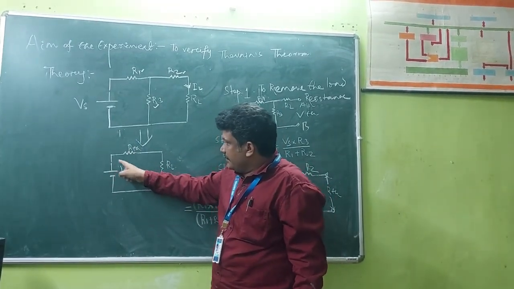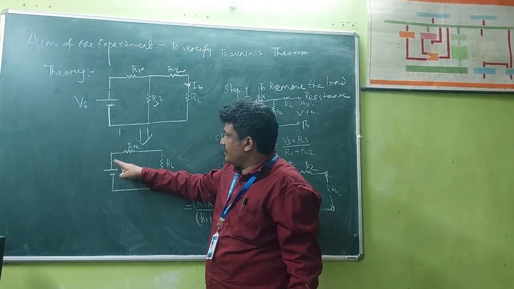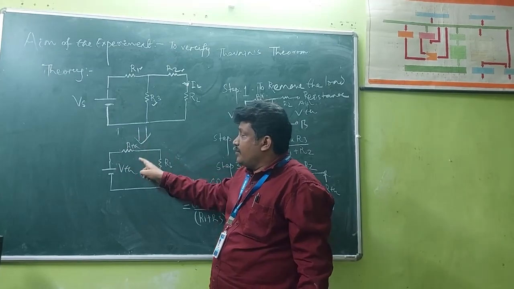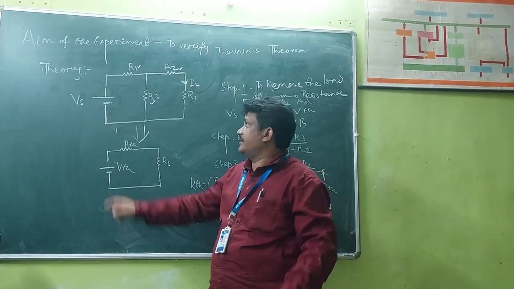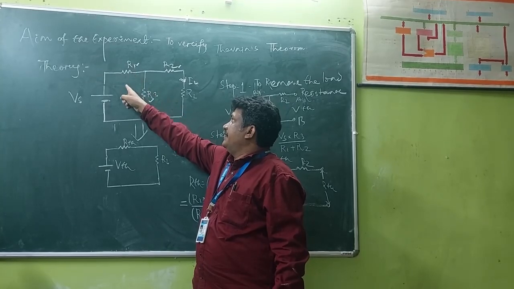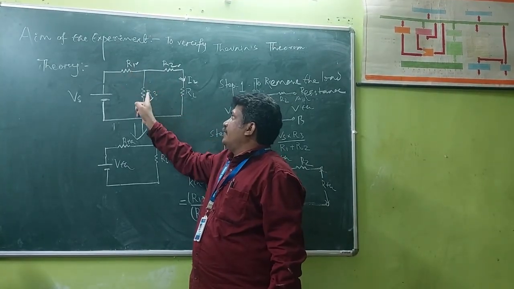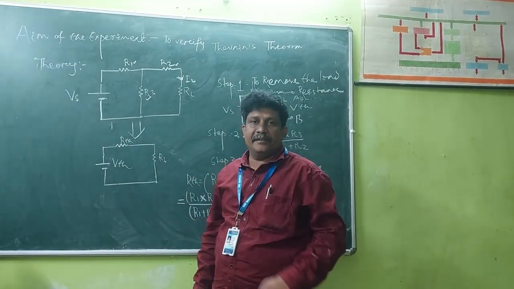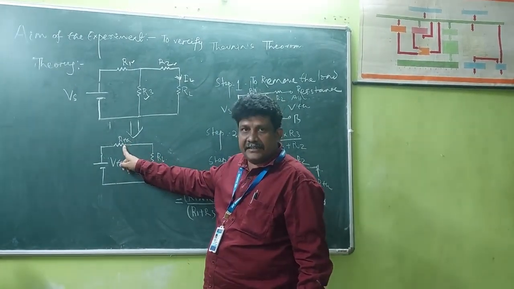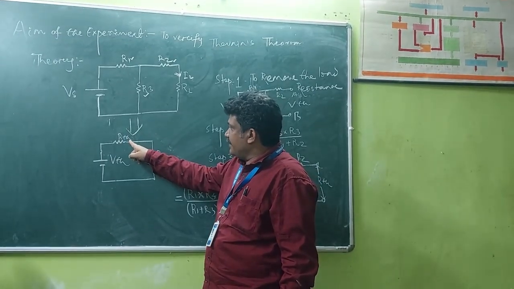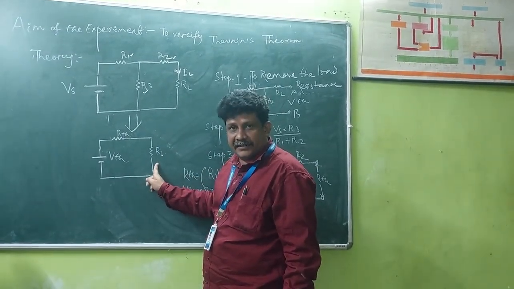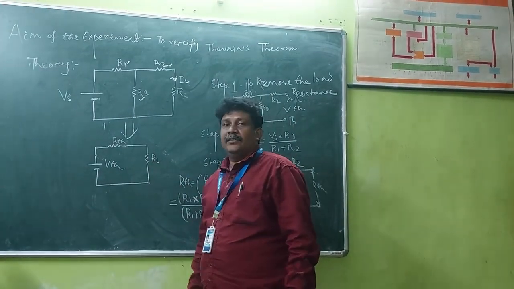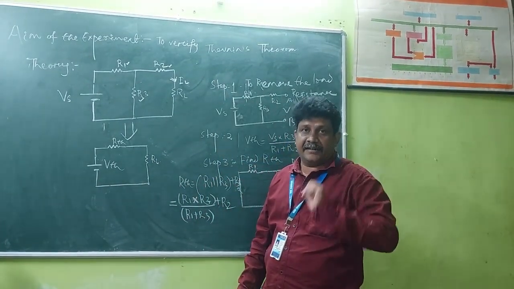Now, this is a single voltage source and it will be represented as VTH. After our calculation, we will also get a single resistance by suppressing R1, R3 and R2. A single resistance will be developed and that will be represented as Thevenin's resistance. By using Thevenin's resistance and load resistance, by applying the formula, we will finally get the load current.